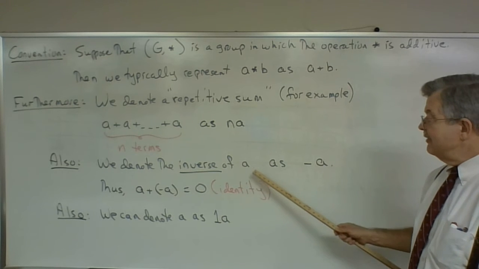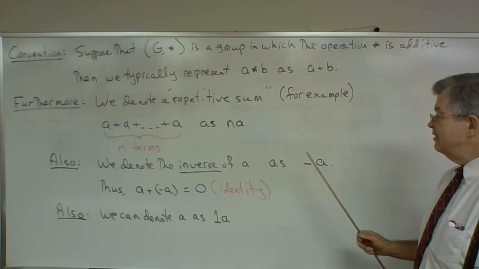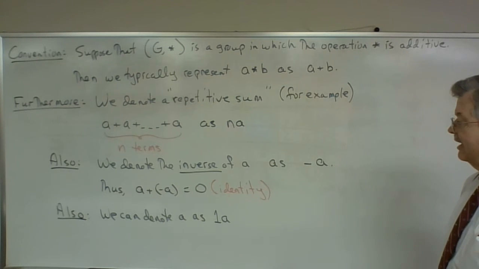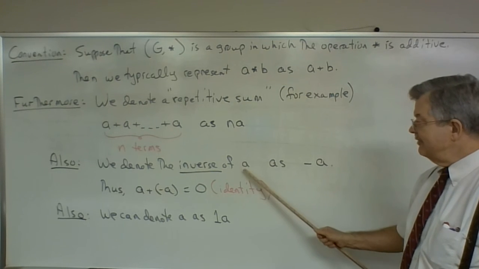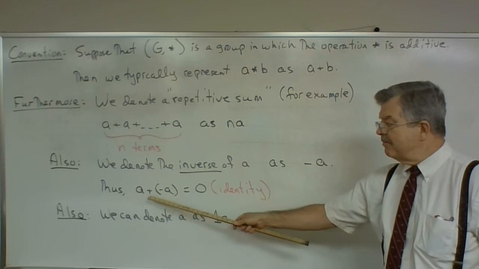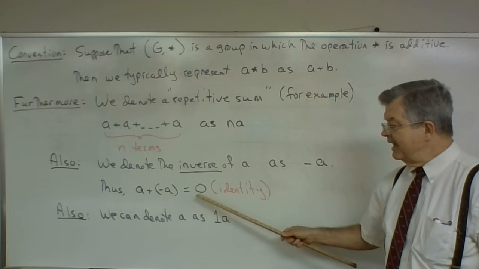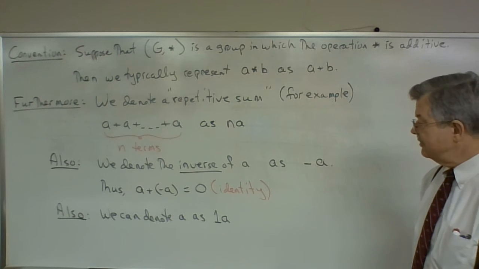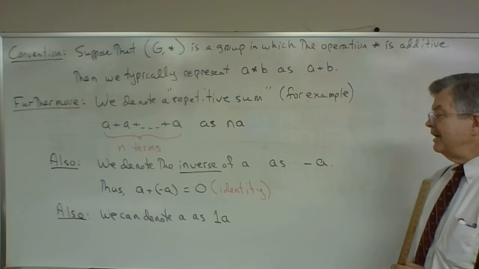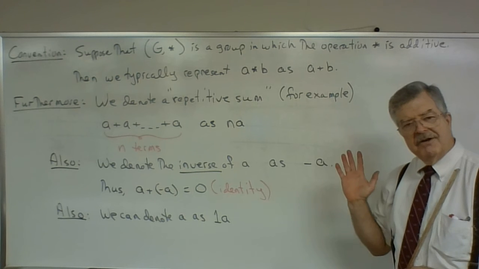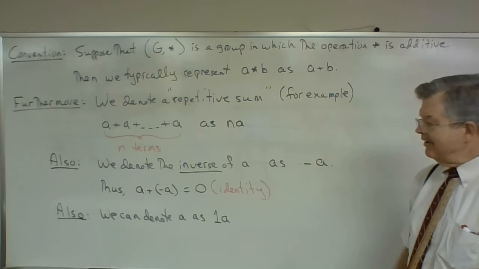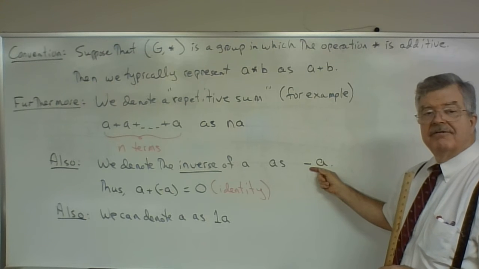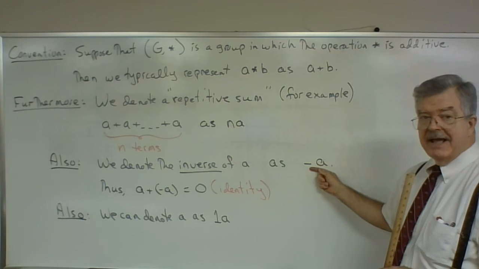But the inverse of A, typically we denote that as negative A. And so if negative A is the inverse of A, we have A plus negative A, which equals 0, just the way we think it should. So typically with a group under an additive binary operation, we denote the inverse of an element A as negative A.